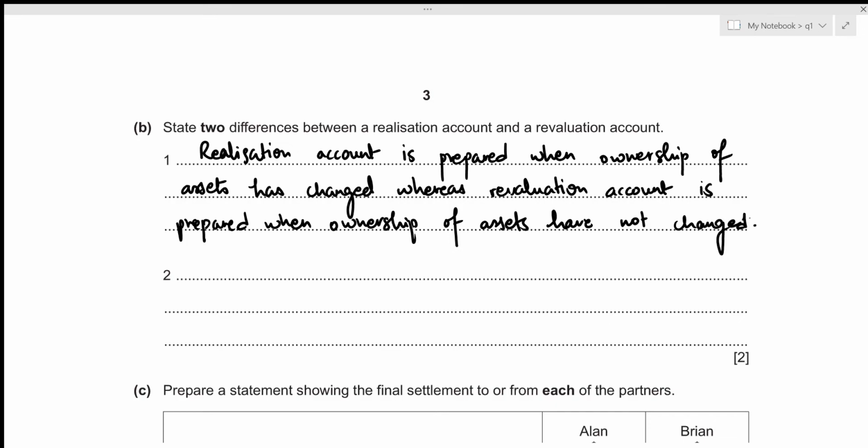And in case of a realization account, we record the net book value and the consideration amount, right? But in case of revaluation, we record the increase or decrease in the assets' value. Let's write it down.